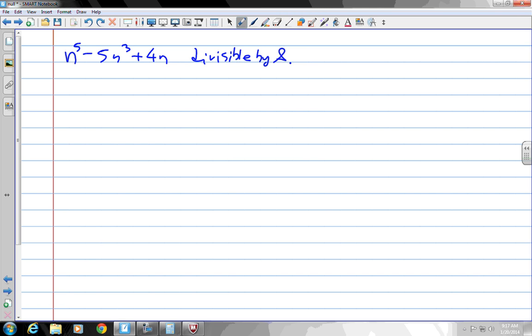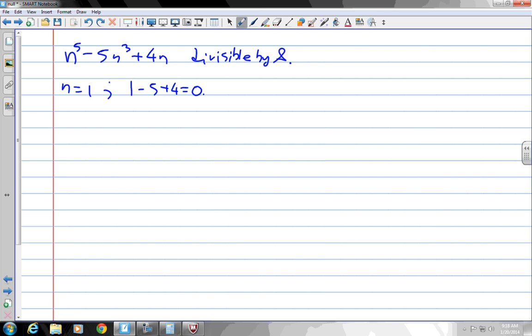Right? So this does not have any sigma notation, but at least all I know is that n is a natural number. And remember how it works. If n equals 1, you plug in 1, you get 0, right? It's 1 minus 5 plus 4 equals 0, clearly divisible by 8. You can use that as a base case, but it's almost cheating. We won't even consider it in that case.